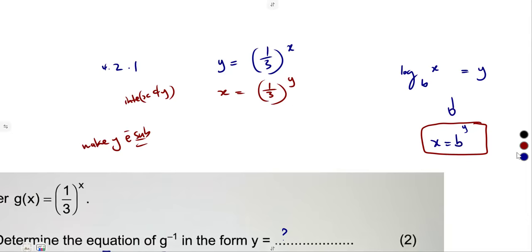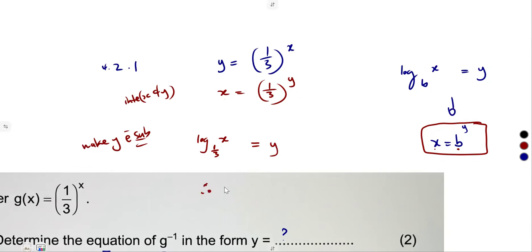So it simply tells us that therefore log of x in the base of b, where b is the base. What is our base? 1 over 3. In the base of 1 over 3, it must give us y, which is our exponent here. So y is the subject, as we can see.